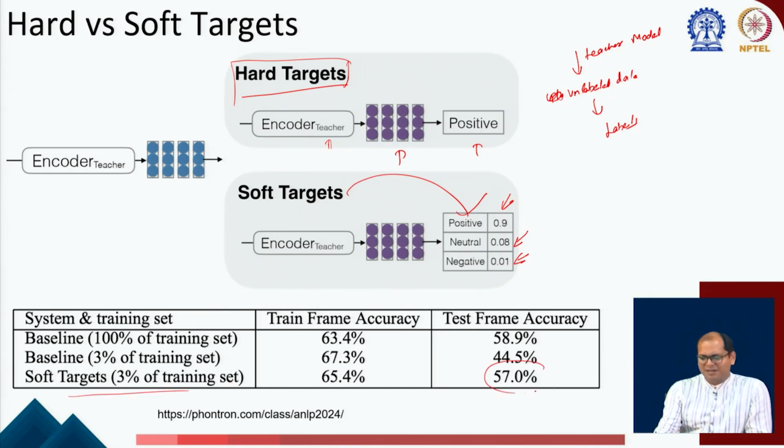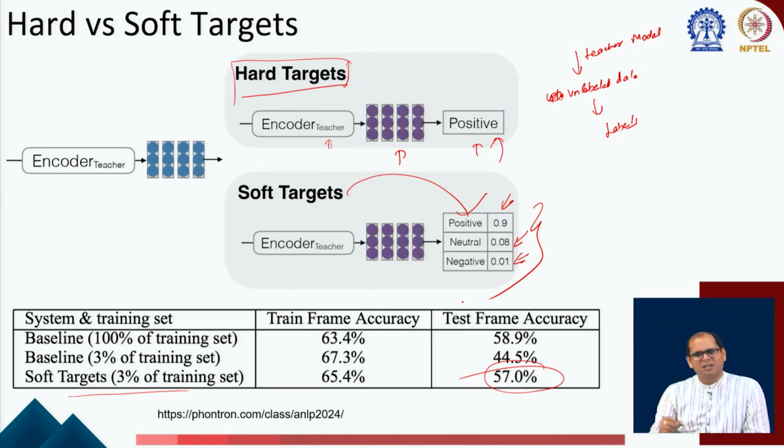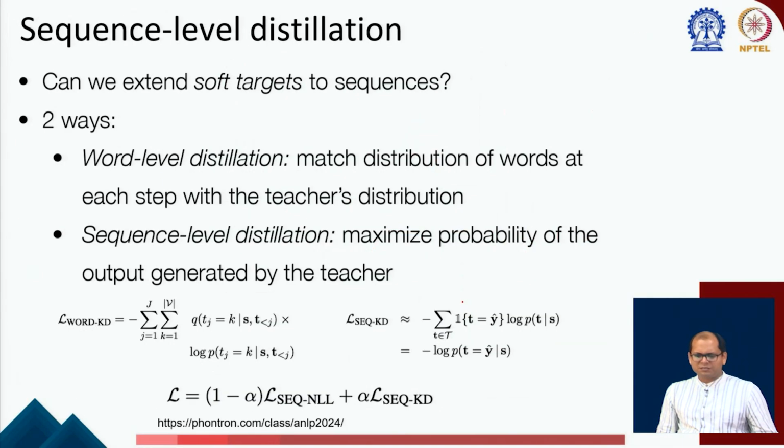They get better accuracy at test time rather than just asking them to predict the final label. It's better if you give the entire distribution, let them match the distribution, then they mimic the teacher much better. Okay. So that's the difference between hard and soft targets, and soft targets are typically more popular in distillation methods.